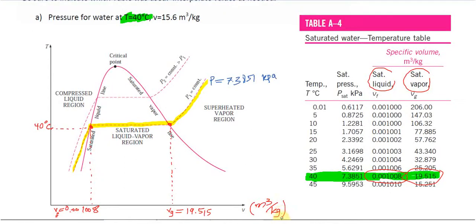Anyway, after studying the table, I need to compare the number that I have with what the table tells me. According to the table, 19.515 refers to the specific volume of saturated vapor, and the specific volume that I have in this question, 15.6 meter cubed per kilogram, is smaller than that.